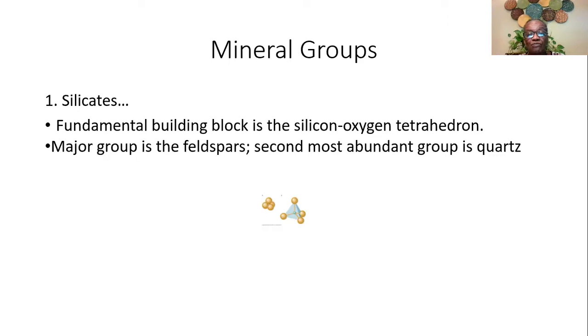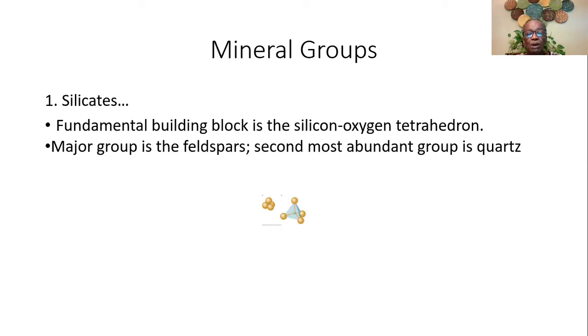And so if all silicates have as their building blocks the silicon oxygen tetrahedron, then 2 elements that you would expect to find in the formula of every silicate mineral would be silicon and oxygen. Now, the major group of silicates is feldspar.